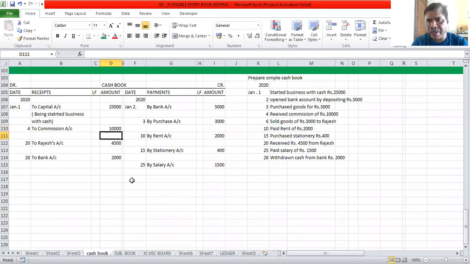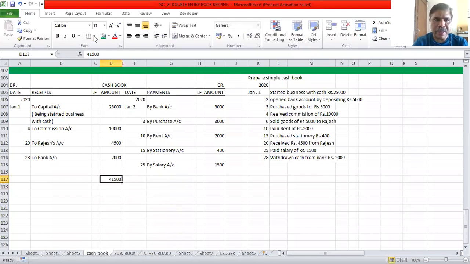This is what we have already completed. Now we have to make the total of both sides. 25 plus 10, 35 plus 4, 39, 40, 41,500. Is it correct? Yes, sir. We have to write 41,500 on both sides because cash always has more on the debit side.